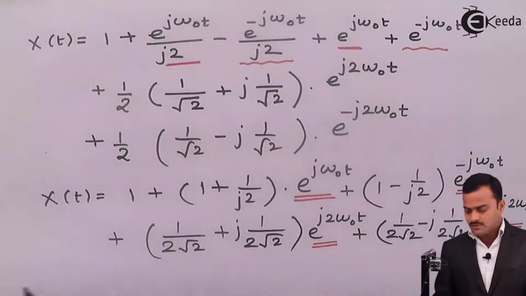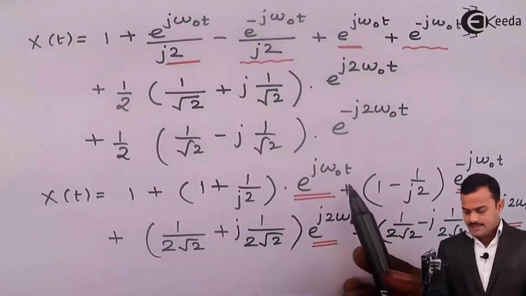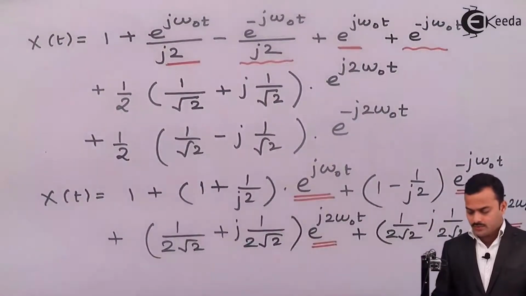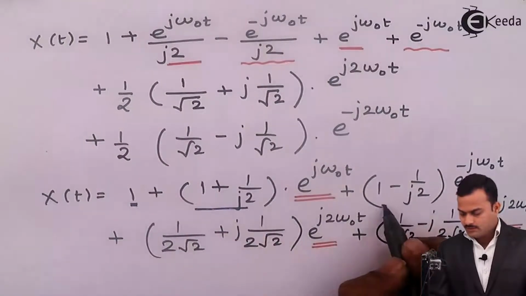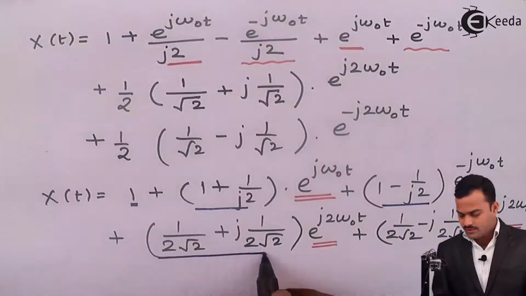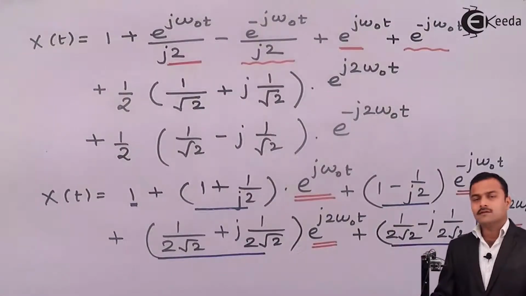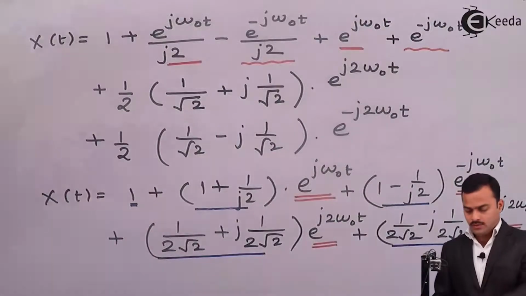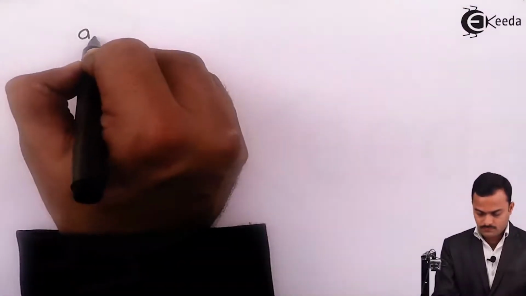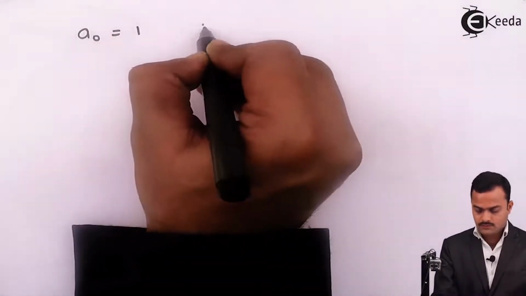So definitely 0 is the multiple number for omega 0 over here. If I see closely, I can say all the constants that we obtain over here are nothing but Fourier series coefficients for that particular multiple. Meaning, I can very well say now A0 is 1.